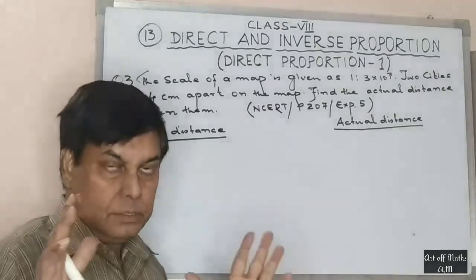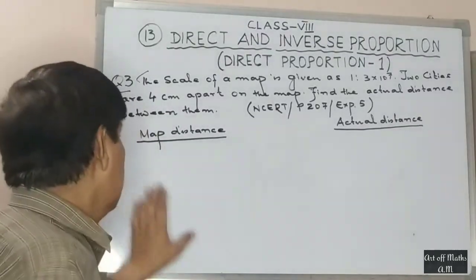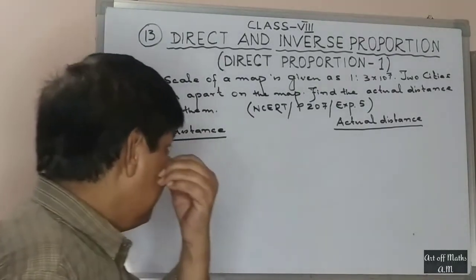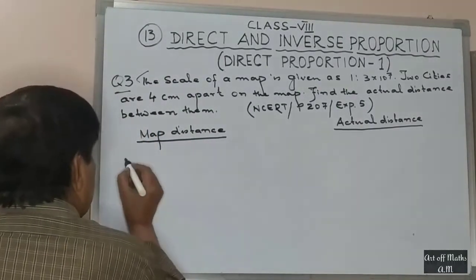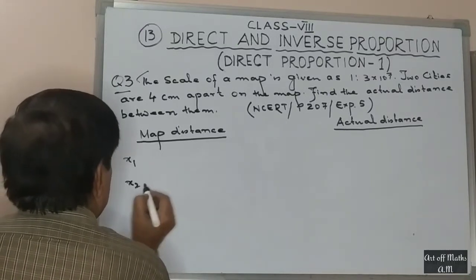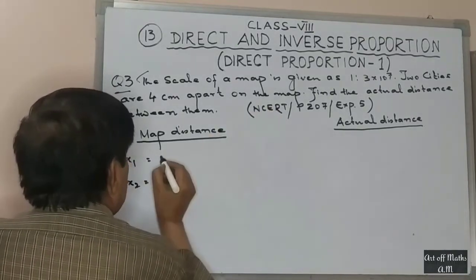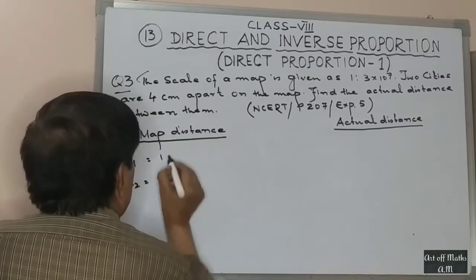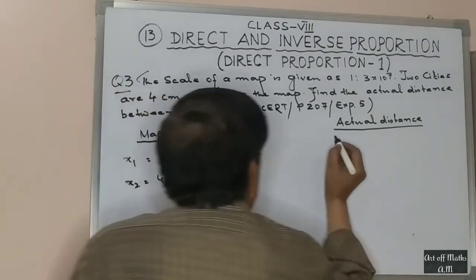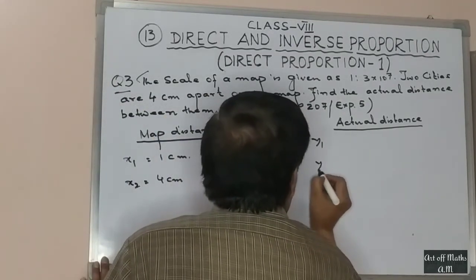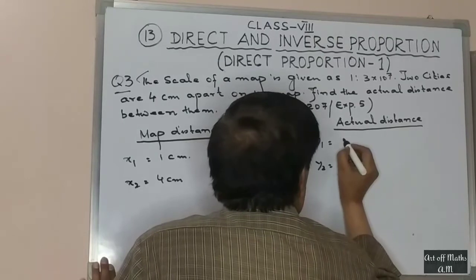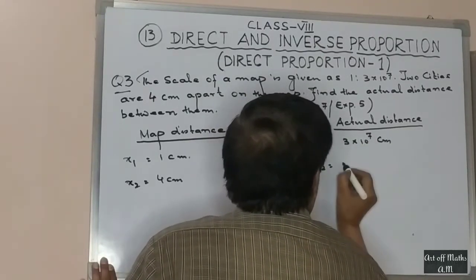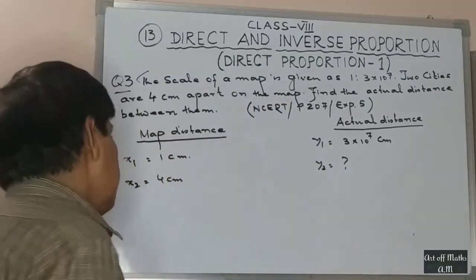Here we have to segregate two things: map distance and actual distance. Map distance x1, x2: 1 centimeter, 4 centimeter. Here y1, y2: 3 into 10 to the power 7 centimeter. We have to find out the second one.